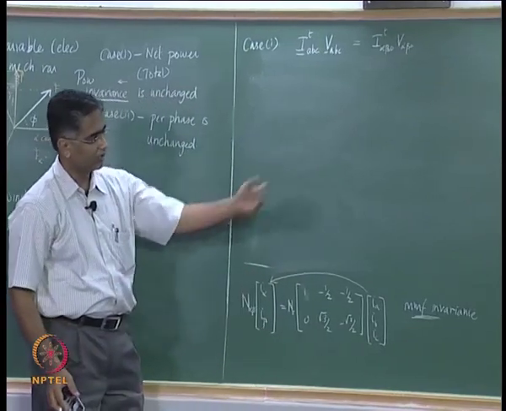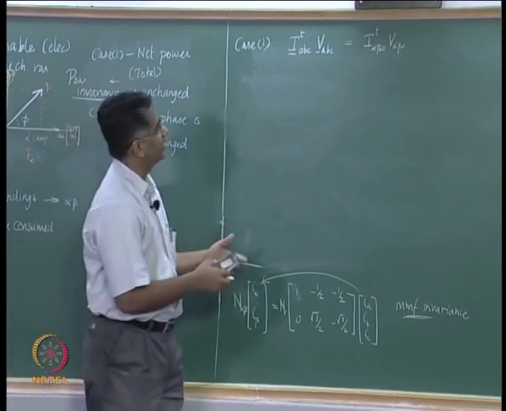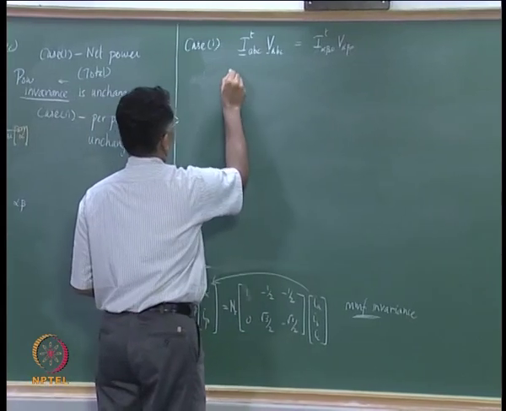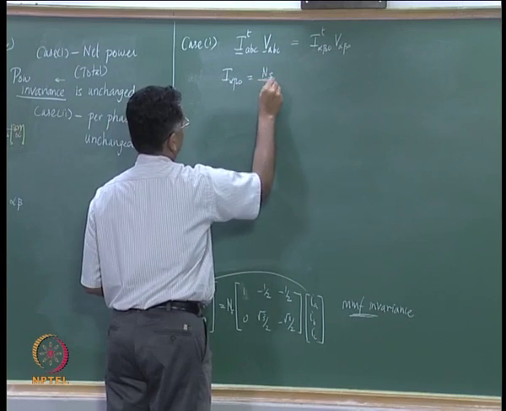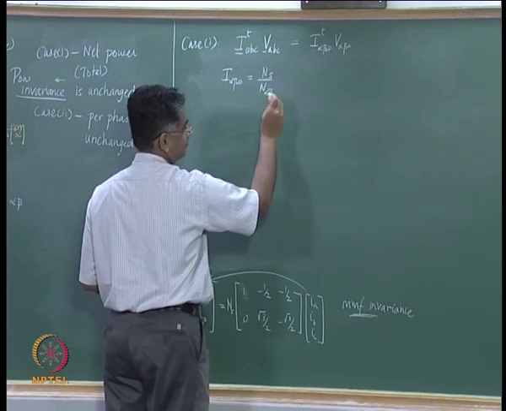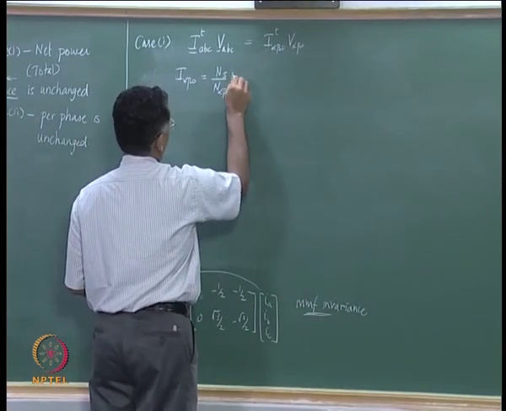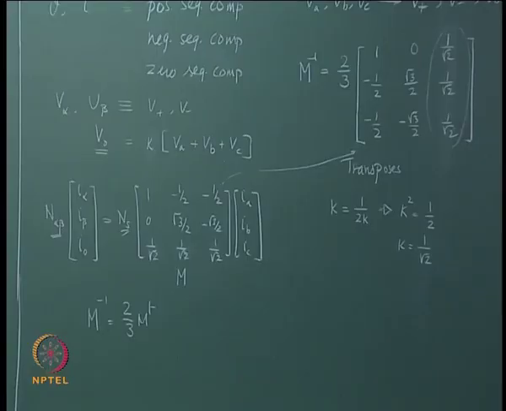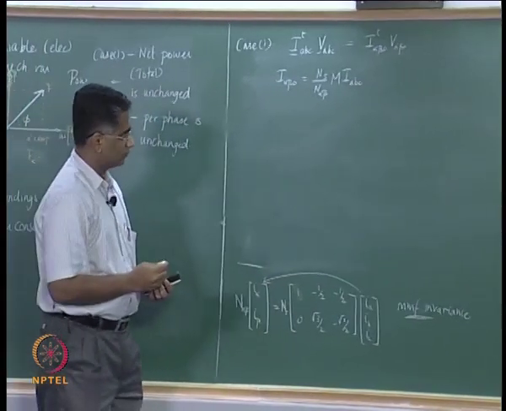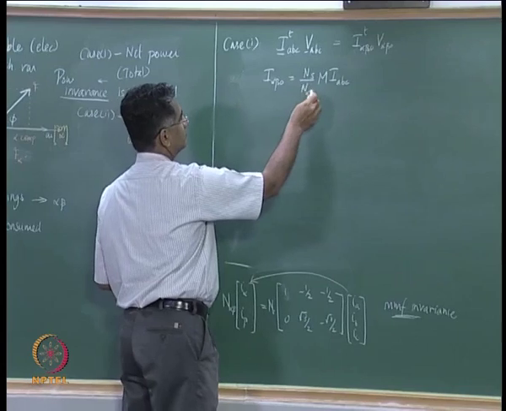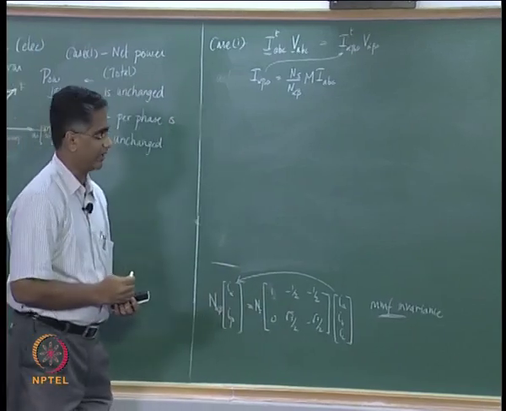And here we have already derived a relationship between I alpha beta 0 and IABC. What we have is I alpha beta 0 equals ns by n alpha beta multiplied by this matrix M multiplied by the vector IABC. So let us substitute for I alpha beta 0 there.